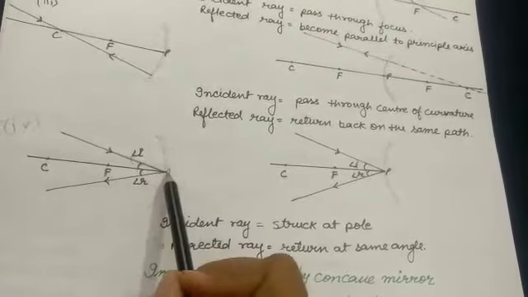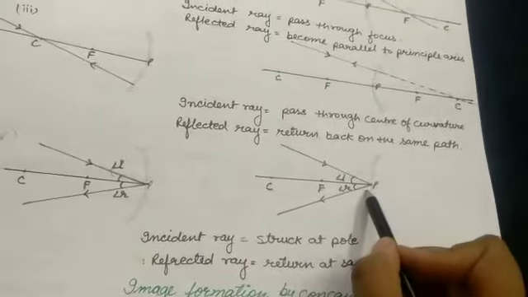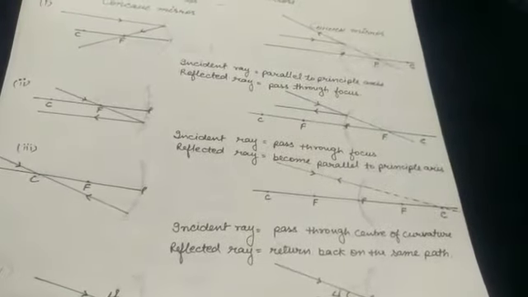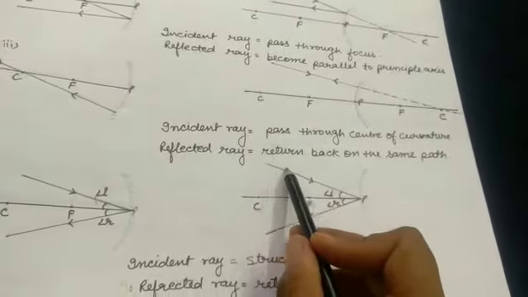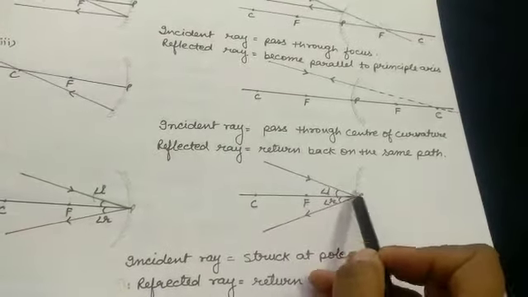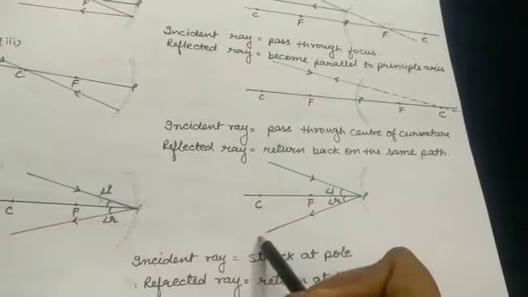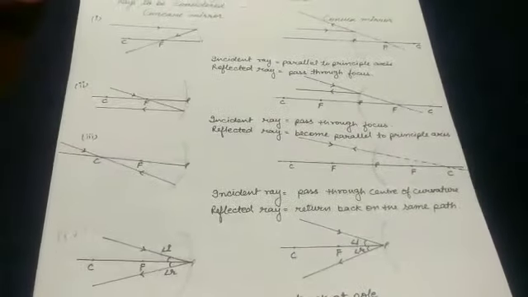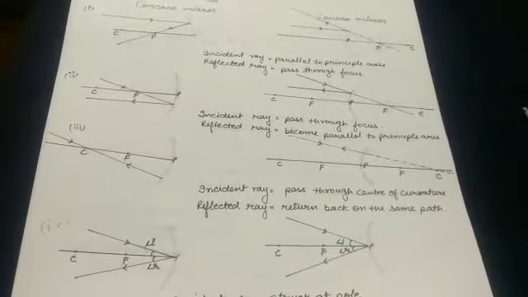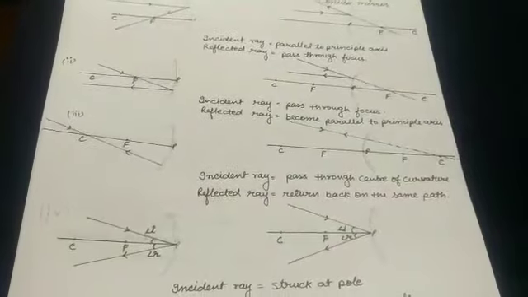Meaning it will return back at the same angle. See here also, in a convex mirror it is the same. When the incident light ray strikes the pole at a particular angle, it reflects back with the same angle. So these are the 4 rays which I have shown you, and how they are going to reflect back after reflection from the mirror.